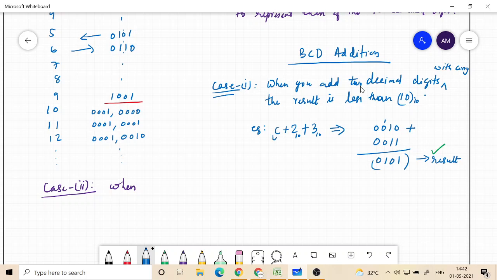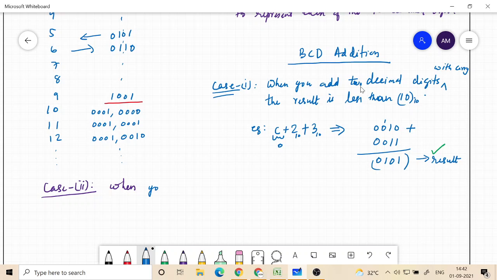Let me take here carry 0. If you take carry 1, it will be 1 plus 2 plus 3. Whenever you add any position in the digit, there could be a carry coming from the previous, lower position. So that is why this is more generic. If you add it with the carry, then you have to add that also.